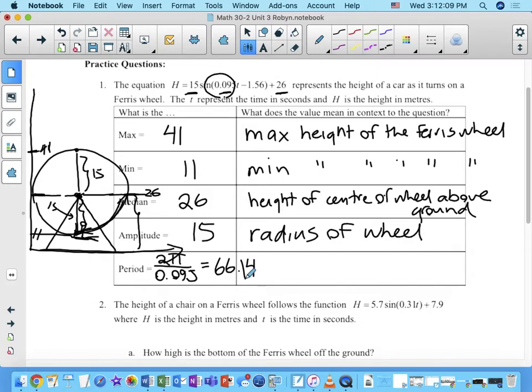Yes. How long does it take? And time here is in seconds. How long does it take in seconds to go all the way around once? So time in seconds to go around once.